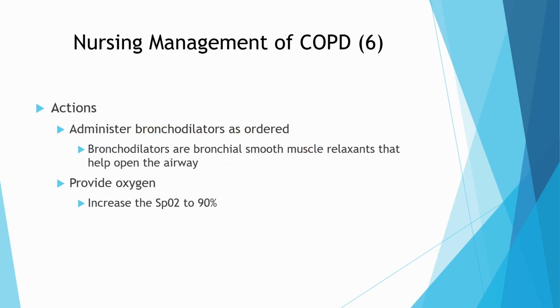So, nursing actions. We are going to administer bronchodilators as ordered. Bronchodilators are bronchial smooth muscle relaxants that will help to open the airway, and we will provide oxygen to increase the SpO2 to 90%.